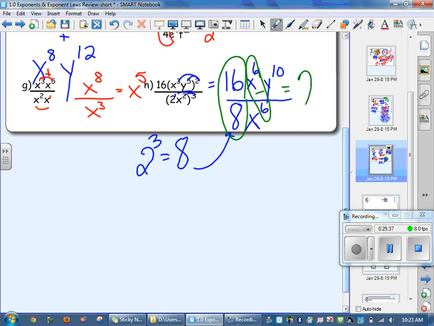So basically it disappears because 1 times 2 is just going to give me the 2. So when you see the same number on top and bottom, you can just cross it off. You don't even have to worry about it because it disappears. The next thing, I'm going to have my y by himself. I get y10. So your final answer will be 2y exponent 10.